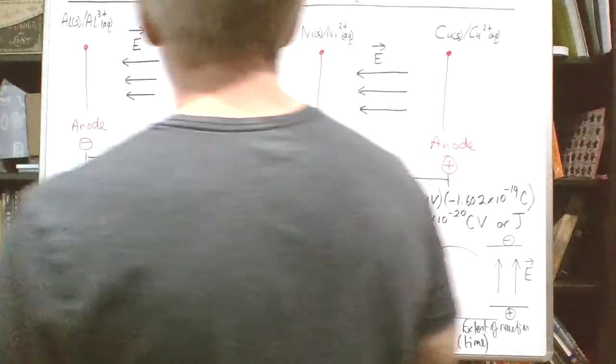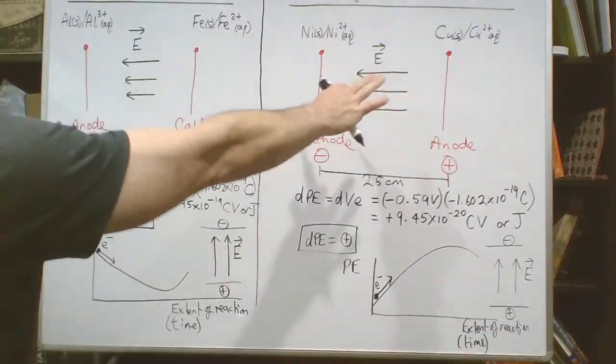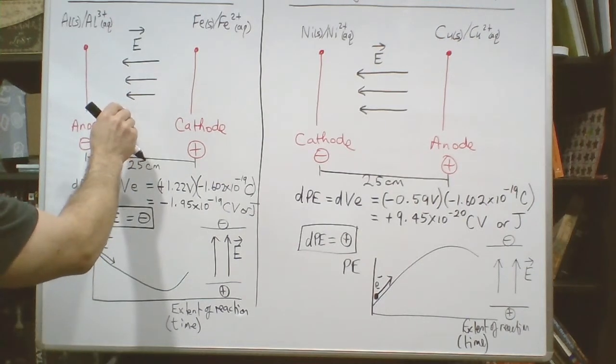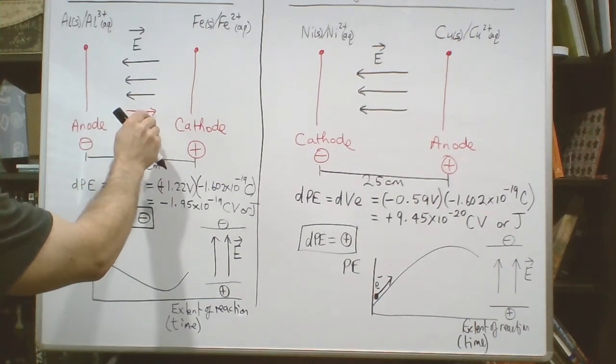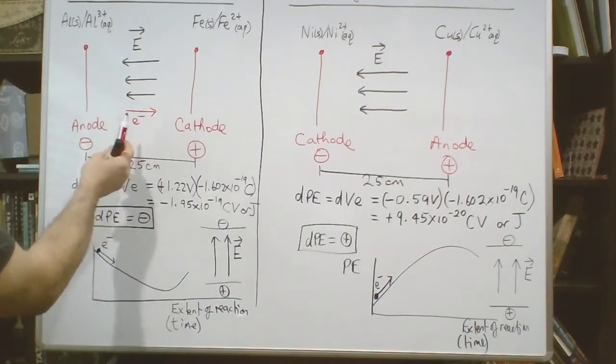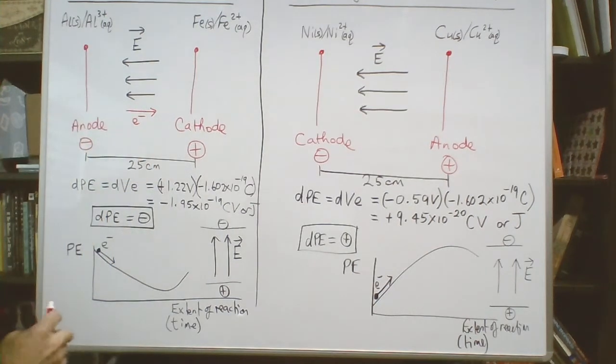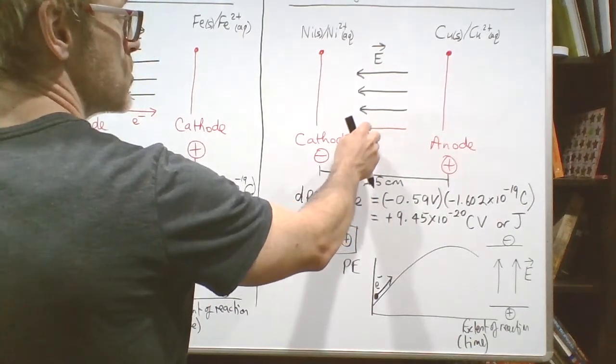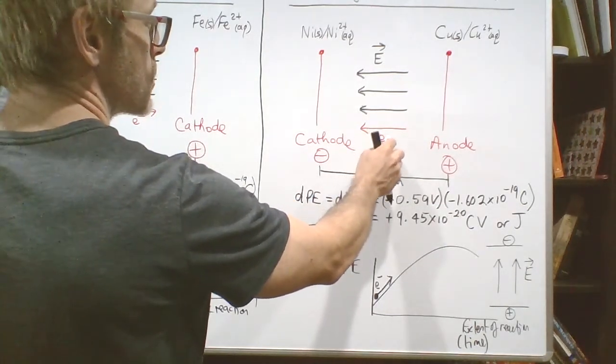We can definitely see, if we go back to our earlier cell diagrams, that our electron is moving against the electric field here. But recall from a previous video, our electron is moving in the same direction as the electric field there.